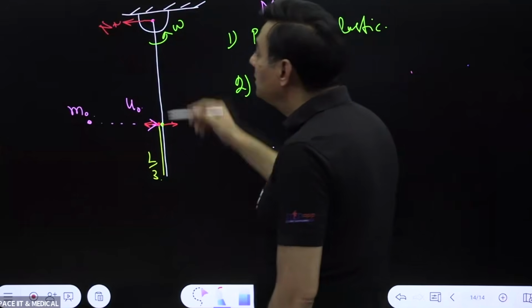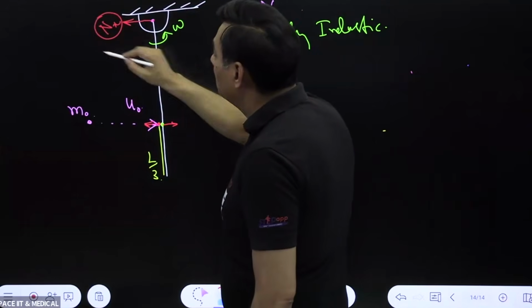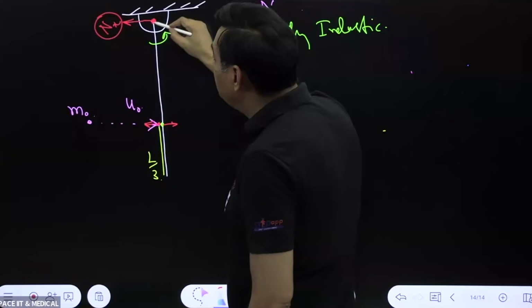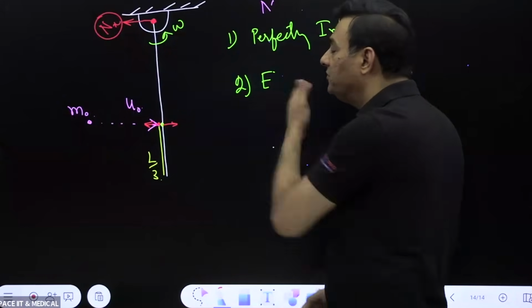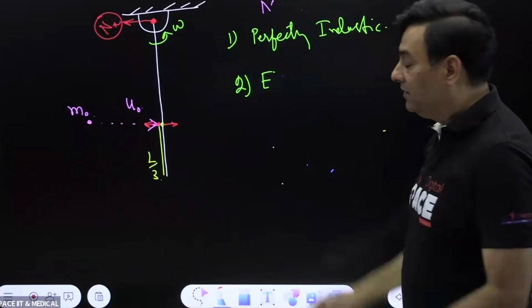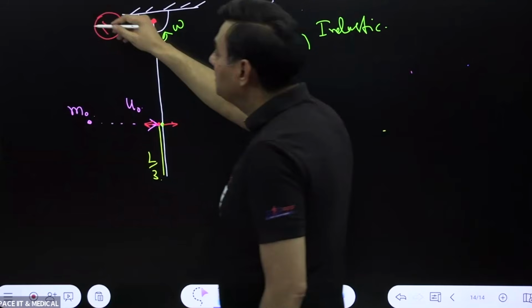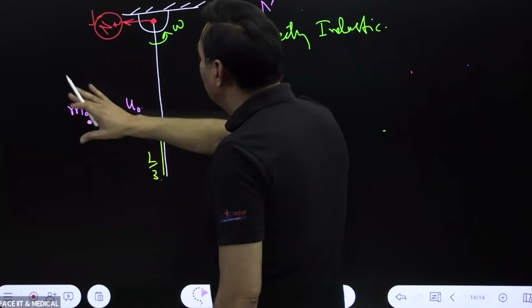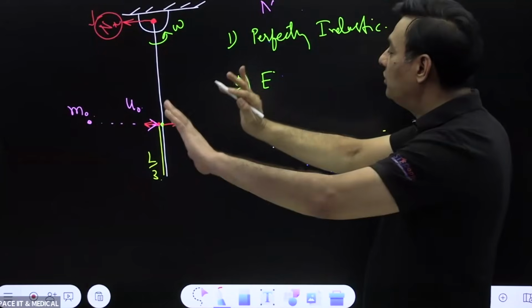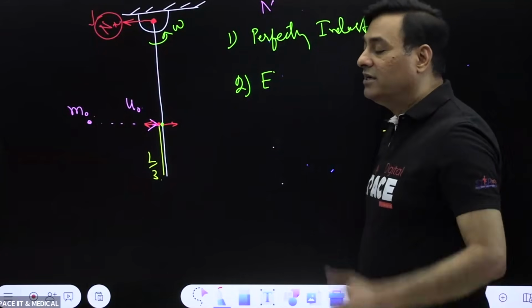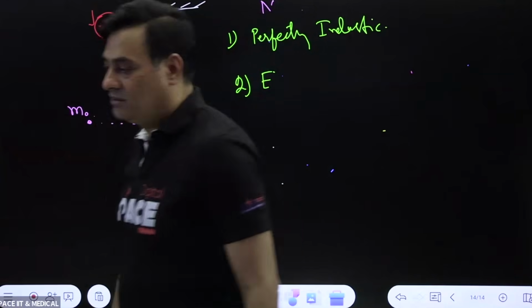Now that force is an external force. On the rod, the hinge is exerting an external force, and that too a very large force, because it is happening all of a sudden with a jerk. Because there is an external horizontal force acting, we cannot conserve linear momentum. So linear momentum is ruled out. Can I conserve angular momentum? Quick.